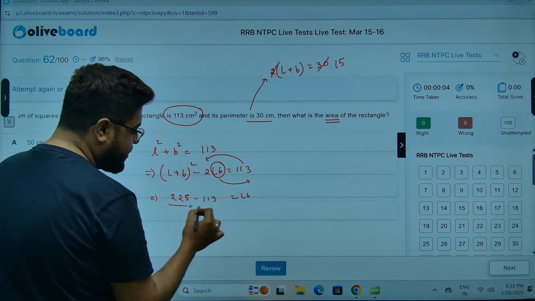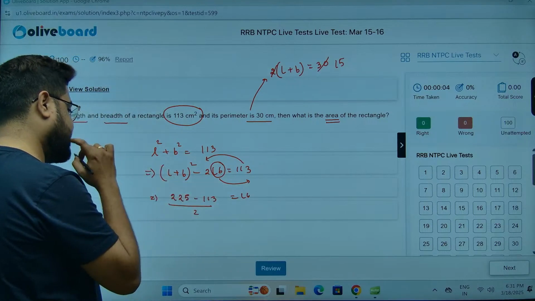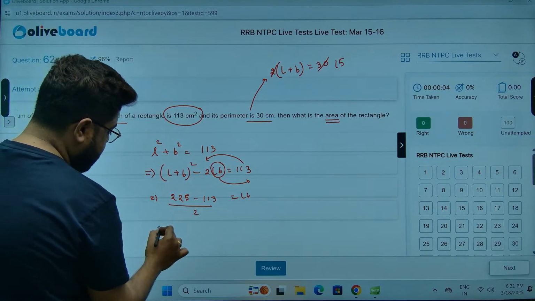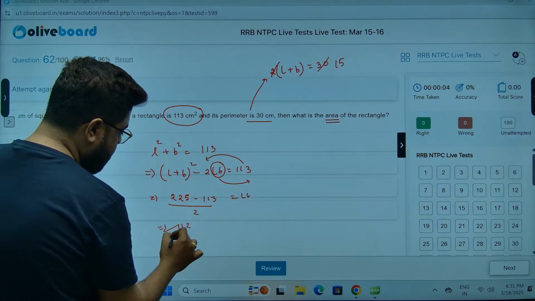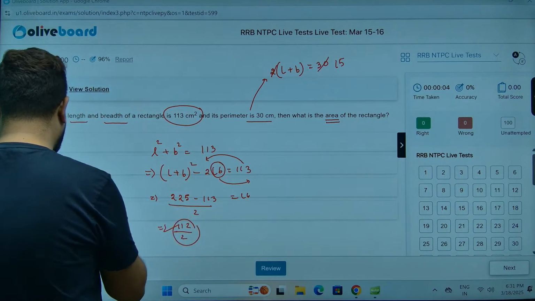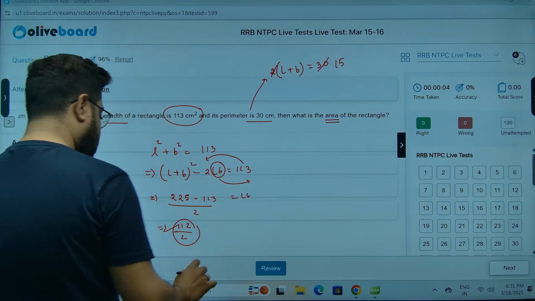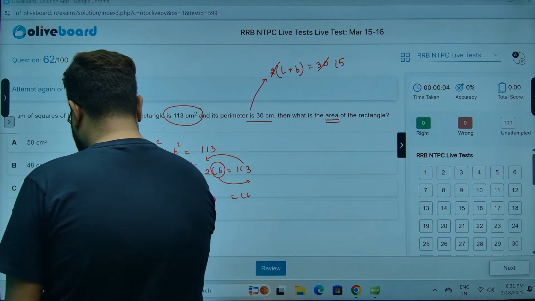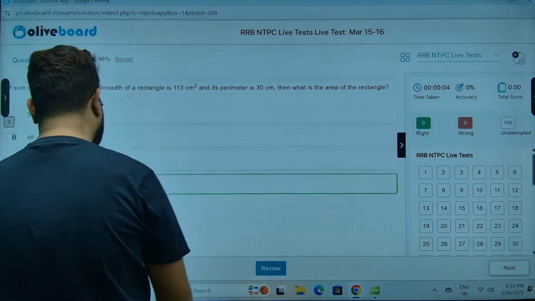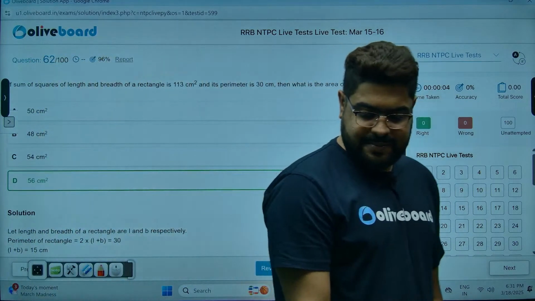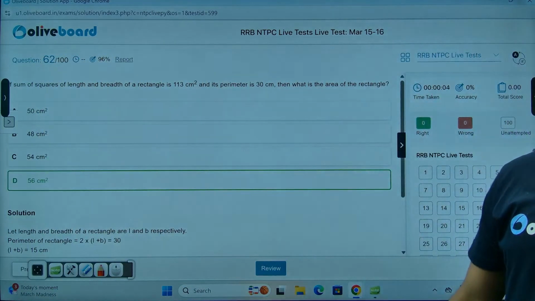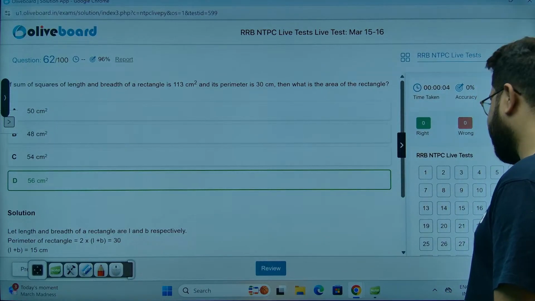So LB equals 112 by 2, that is 56. Option number D is your correct answer. Perfect, sir. Moving on.